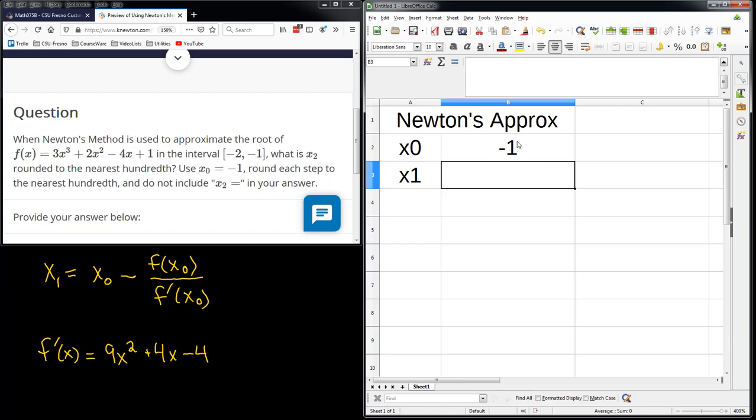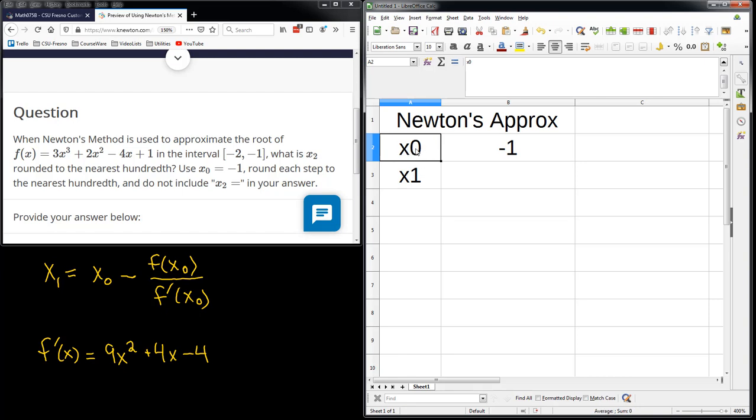So I'm just going to type that in my spreadsheet as -1, and we'll go from there.